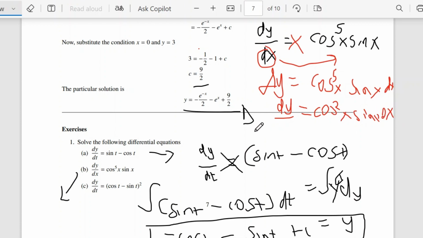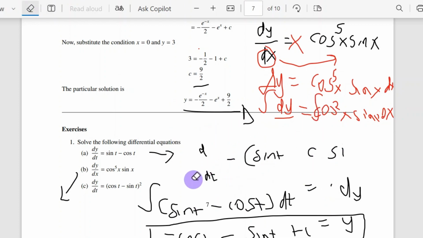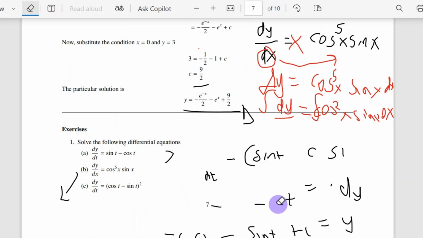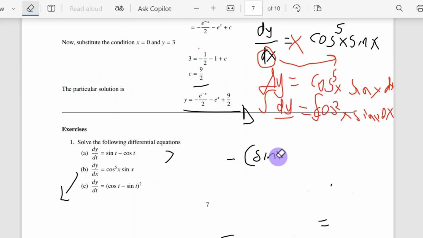From there we now apply the direct integration. Let me erase this. You saw it. You can just preview, go back to it and pause to know the answer or the approach.